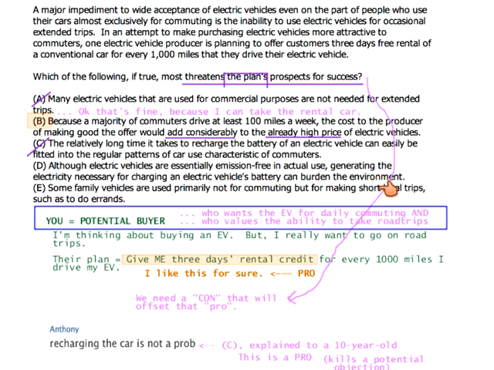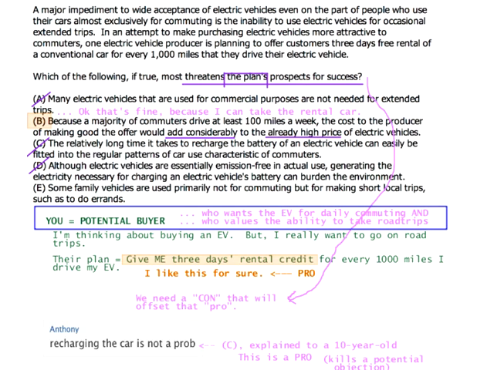D says generating the electricity can burden the environment. That's kind of like what we were saying, right? You might consider this a negative if you are a green type of buyer, but this is not an aspect of the plan. This is a potential drawback of EVs across the board, which is not what we're asking. And then E is about people who are not you.